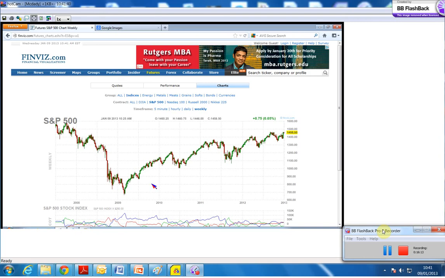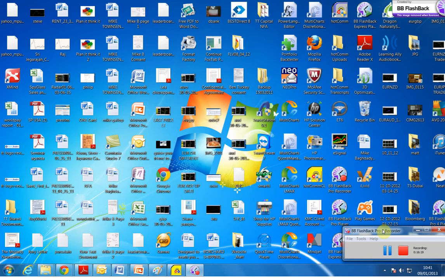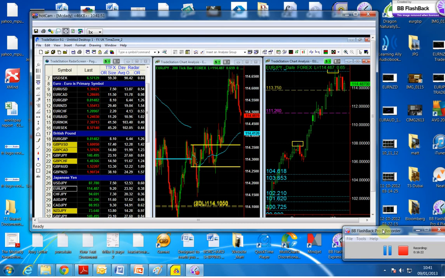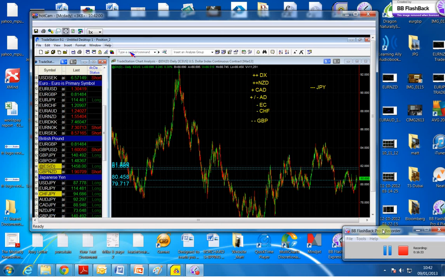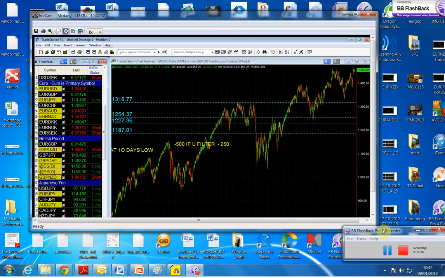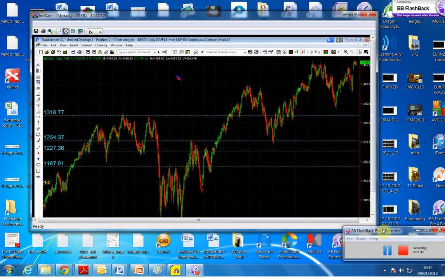Let's see if I can have it on TradeStation. Let's see if we have a buy signal on it. There you go.